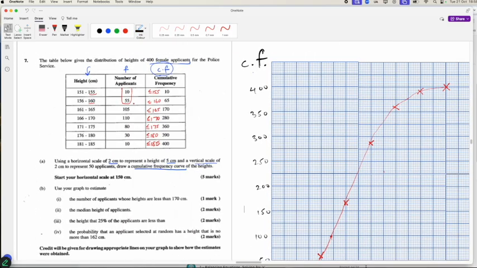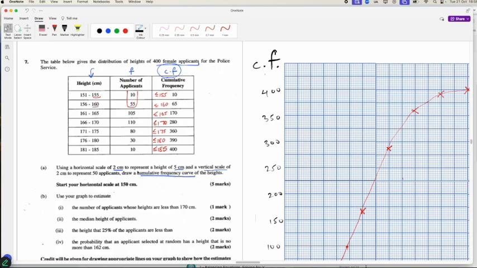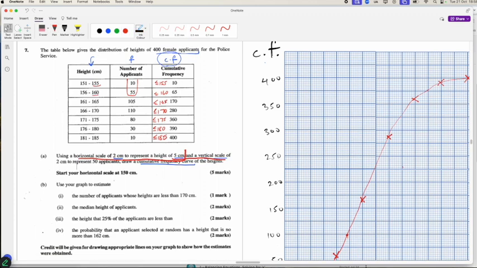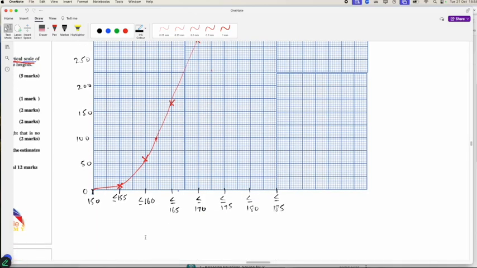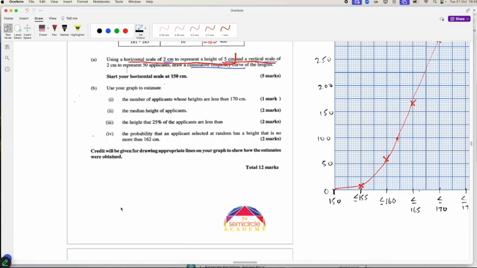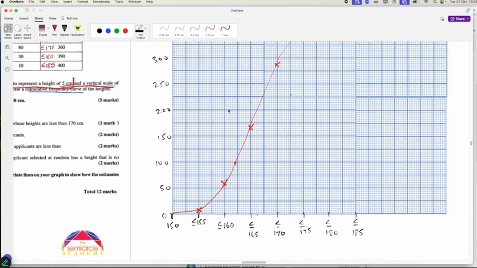You can see here in this case, I have to use 2 centimeters to represent 5 centimeters on the horizontal scale. So I started with the 155 here. I actually started at 0 with 150, 155, 160. So 2 centimeters representing 5 centimeters of height, right?